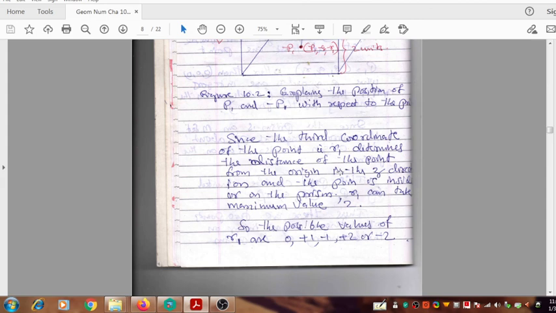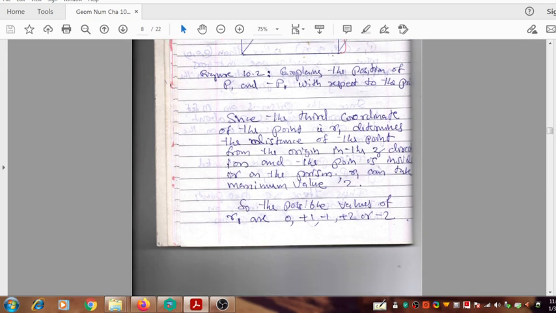But that can be equal to the distance from the origin also. It can be parallelly translated to the origin, and you can then get the distance from the origin.